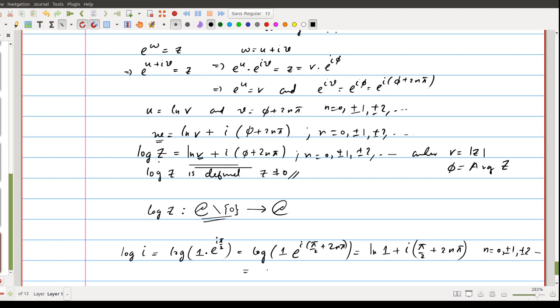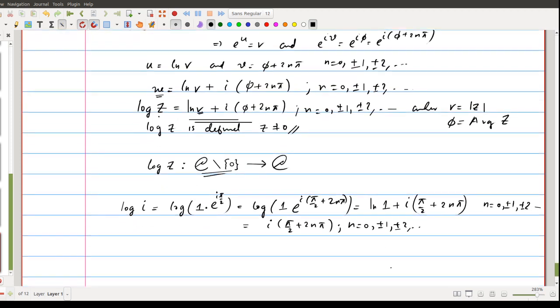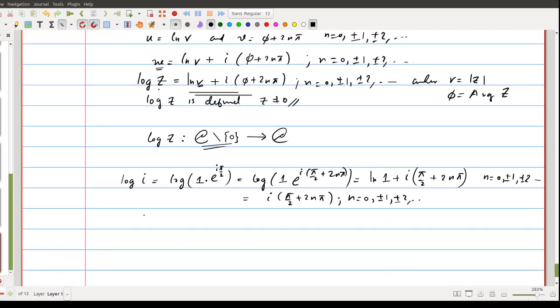Since log 1 is 0, you can write this as i times (pi by 2 plus 2n pi), where n varies over 0, plus or minus 1, plus or minus 2, etc. So in contrast to real analysis, if you consider the complex logarithm of a complex value, you not only get a single value, but more than one value.